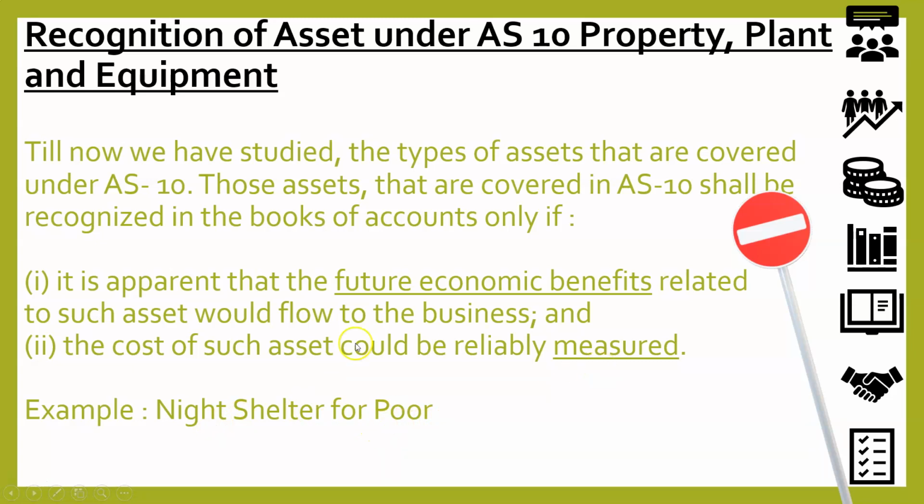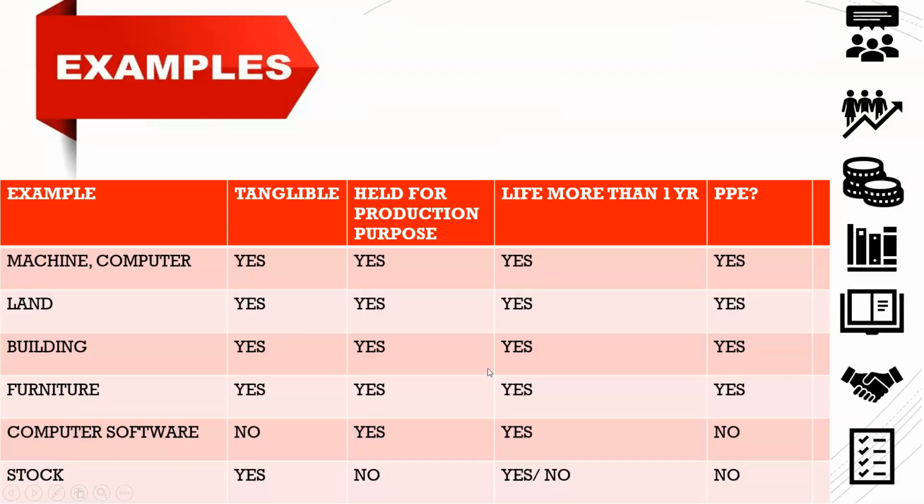Secondly, if the cost of such asset could reliably be measured, only then we have to recognize it in the books of accounts. If I have seen that a machine or a computer is tangible, held for production purpose and the life is more than 1 year, it qualifies for property, plant and equipment. But I cannot reasonably apply methods to verify what its cost is.